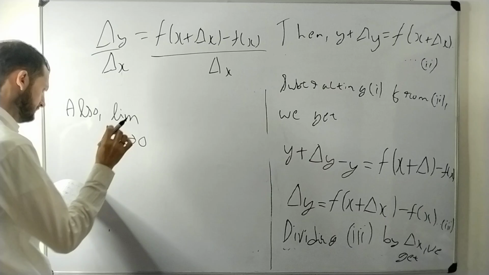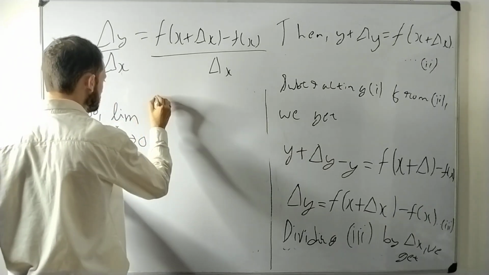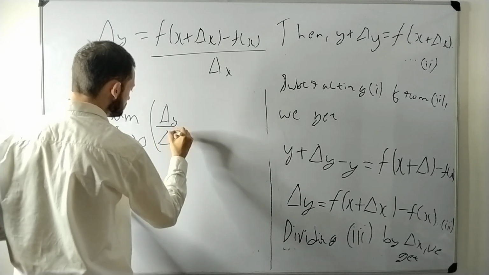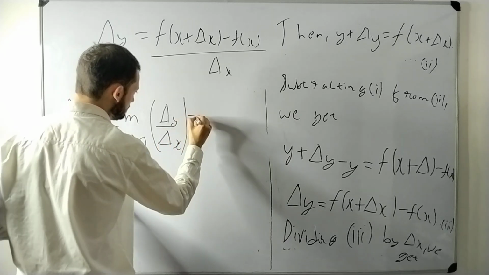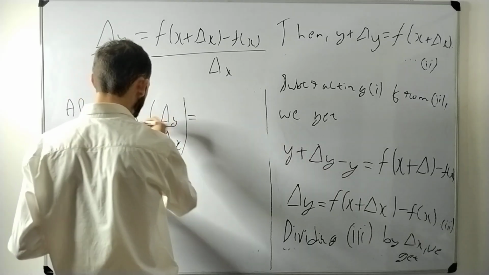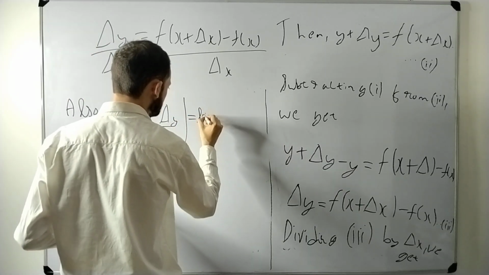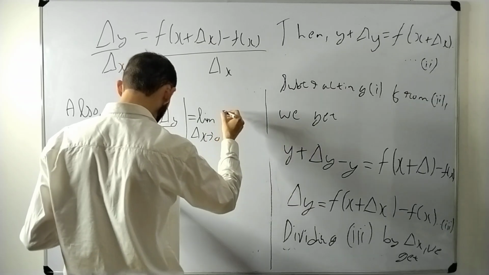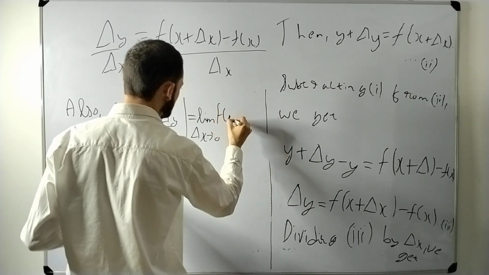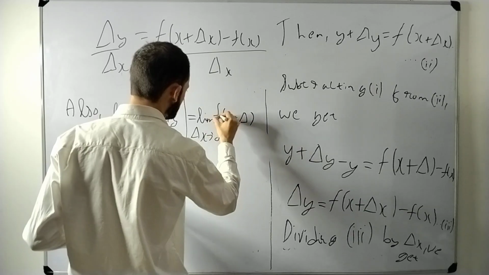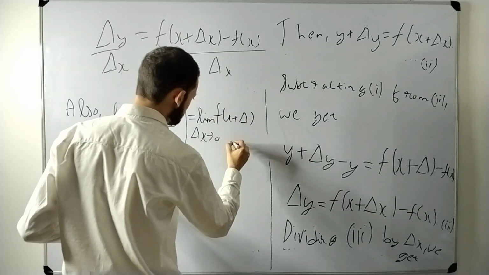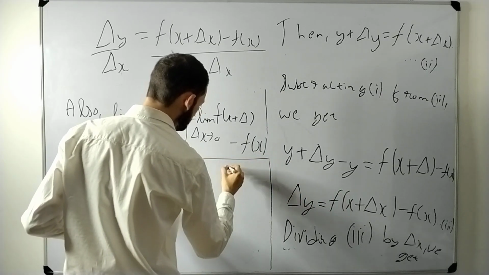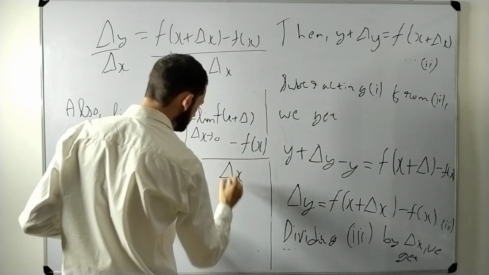Del means very small, so it is approaching 0. Then I write limit del x approaches 0 of function of x plus del x minus function of x, over del x.